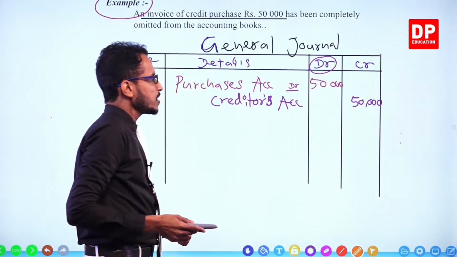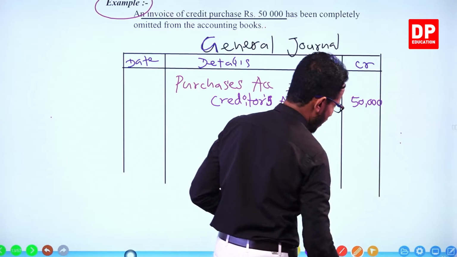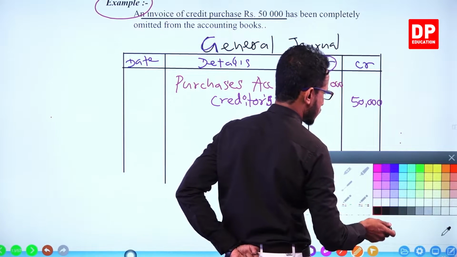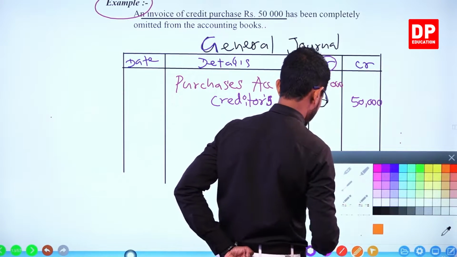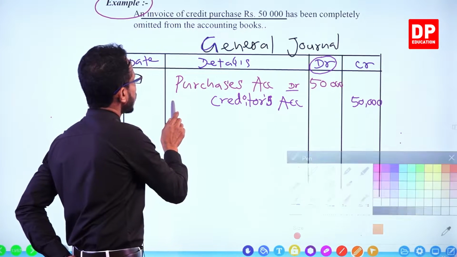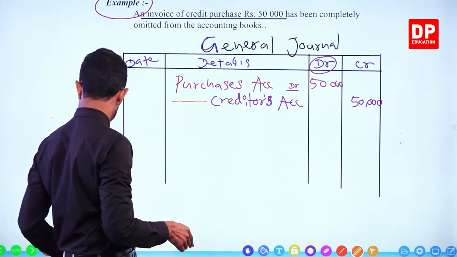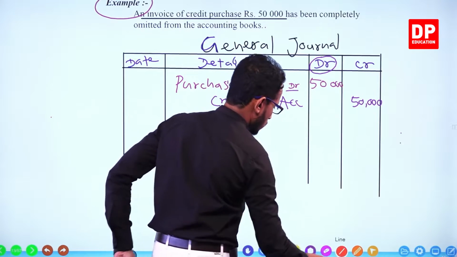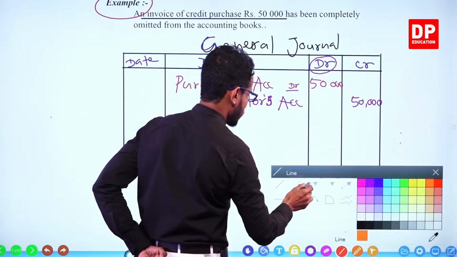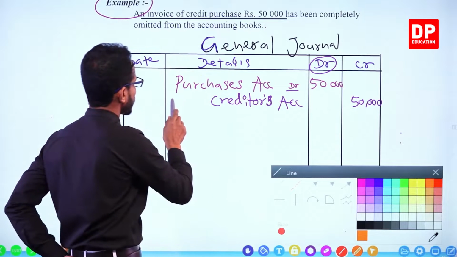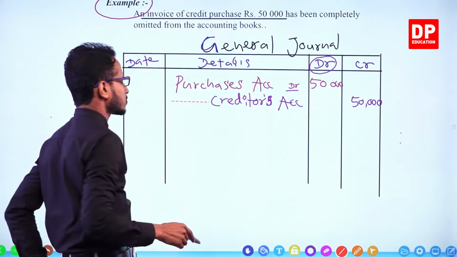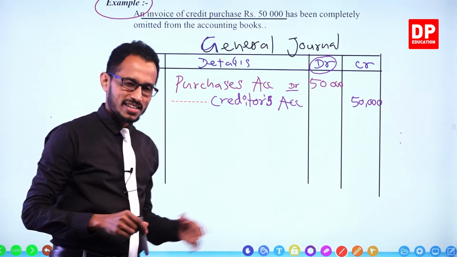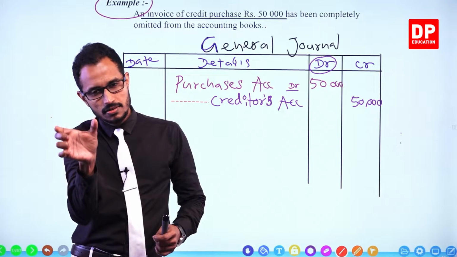For the credit entry, you leave a small space, like that. You know, these are traditions. Very small space in the beginning.